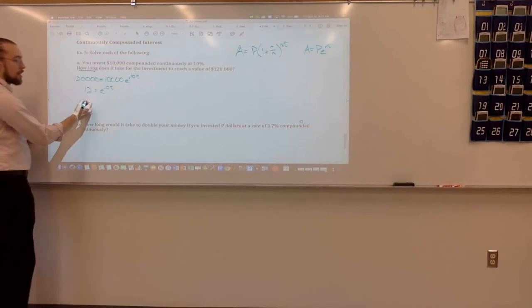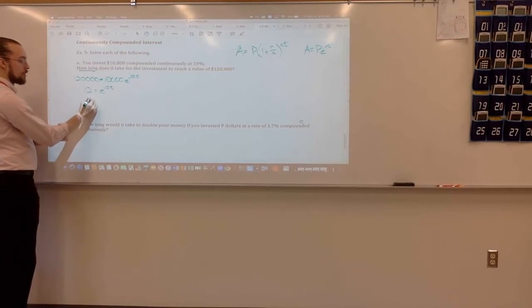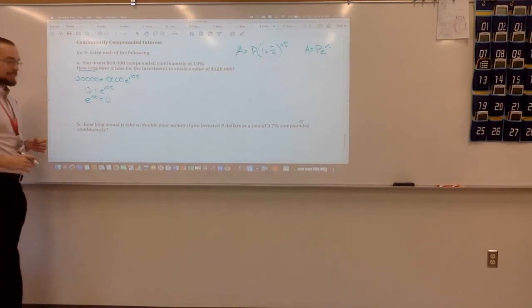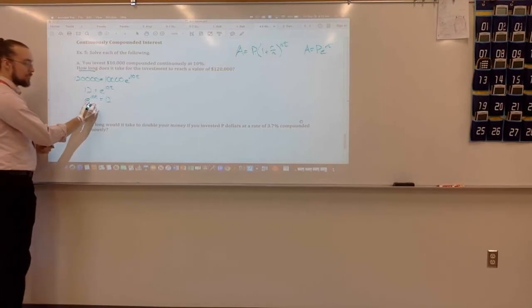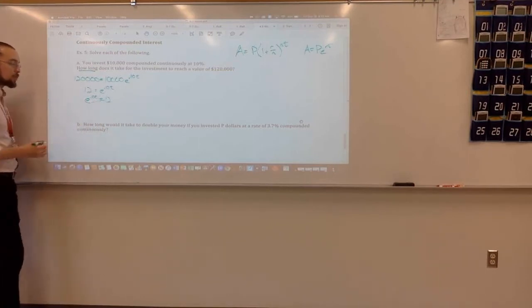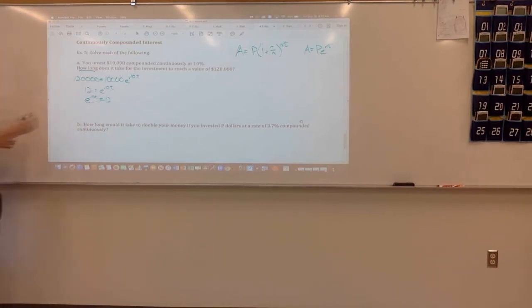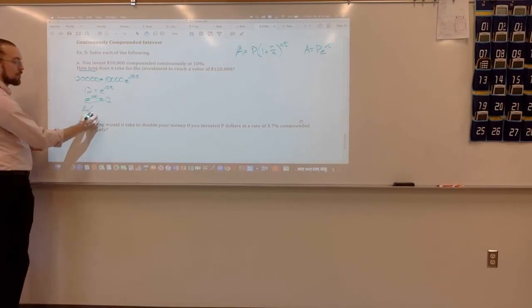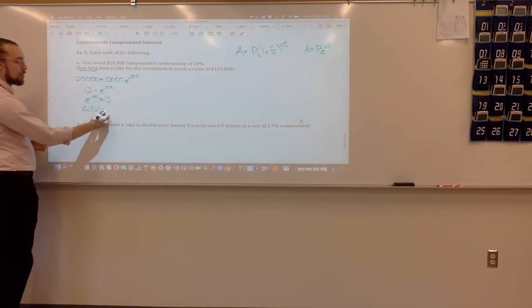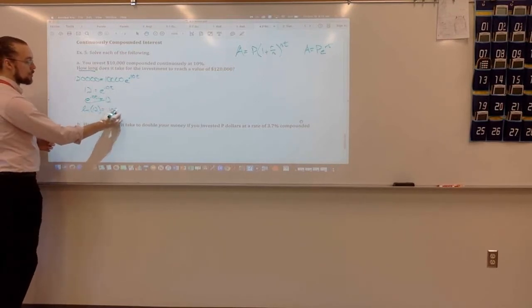It may help if you flip this around so that you can see the lazy 7. So we're saying log base e of 12 equals 0.10t. Log base e is the same as natural log, right?